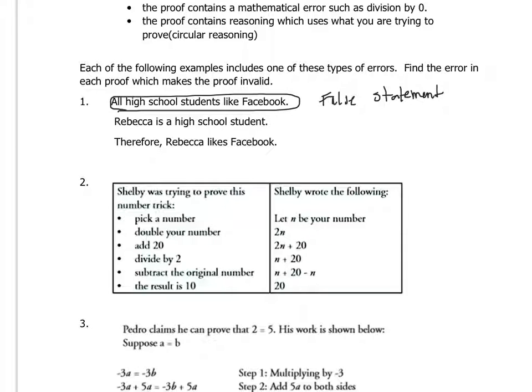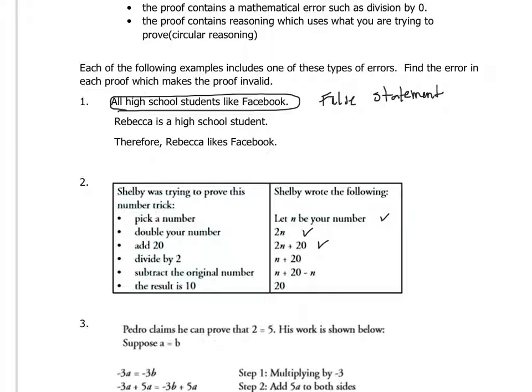The next example says, Shelby was trying to prove this number trick. Pick a number, so she let n be the number. That's okay, and she doubled her number, so 2n would be doubled. That seems to be okay. Then she added 20, so 2n plus 20 would be the next step.